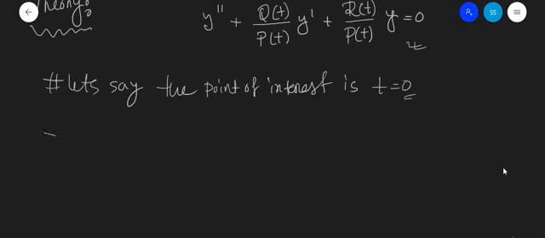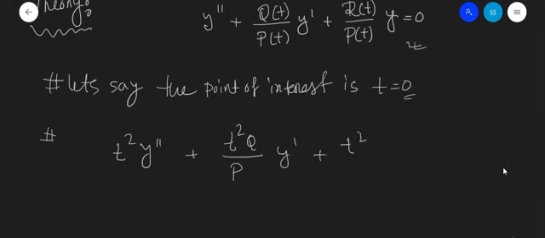So if you multiply with t squared, we will have t squared y double prime plus t squared q, I'm not writing the t explicitly now, and finally t squared r by p y equals to 0.